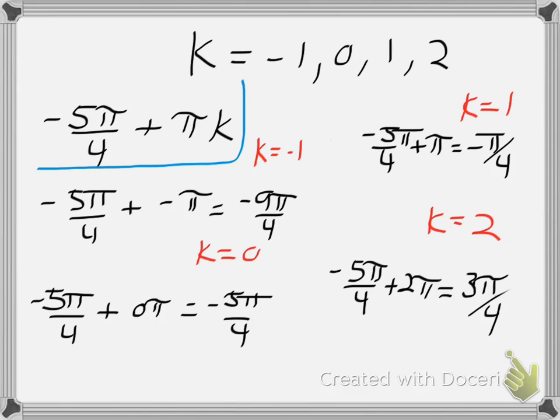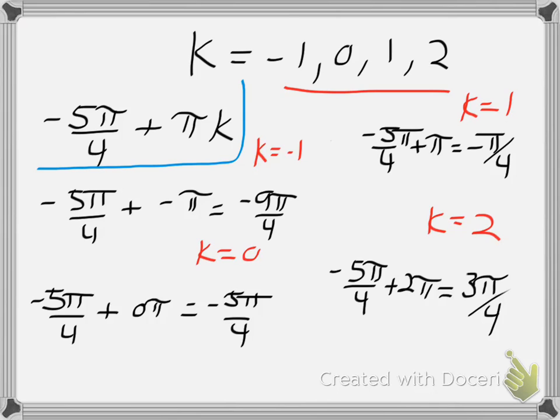So for example, I'll start with negative 5 pi over 4 plus pi k. For my values, negative 1, 0, 1, and 2, and those are always the values that you'll use, they ensure that you have at least one period in each direction to account for. In other words, it helps us cover all possibilities.